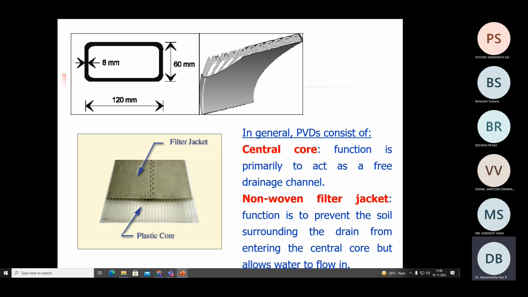Because of the gradient or the mixing of the soil with the water, the soil always tries to carry or migrate the finer soil particles. If these finer soil particles enter the core, they will drastically hamper the permeability character of the core. Therefore, this filter jacket retains the migration of the soil particles and thereby allows only water.